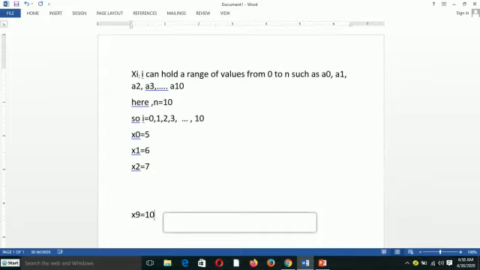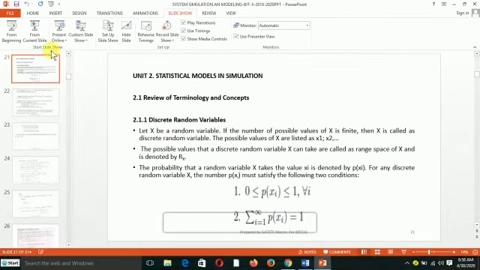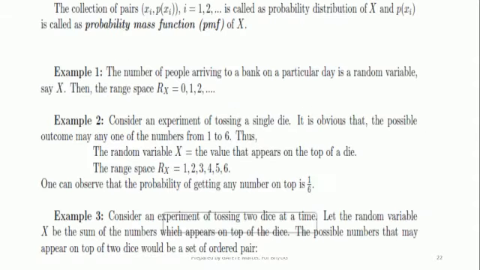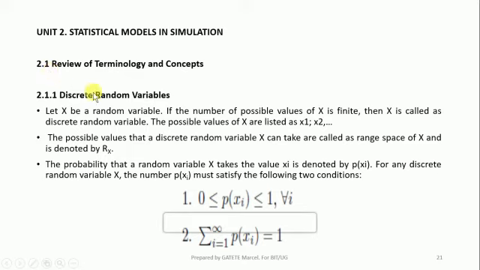So you see, for each value, if I am at x0, I already know the value which will come next. So if we already know the values which will be taken by a variable, we know it in advance, we are going to say that x is a discrete random variable, because the number of values is finite.